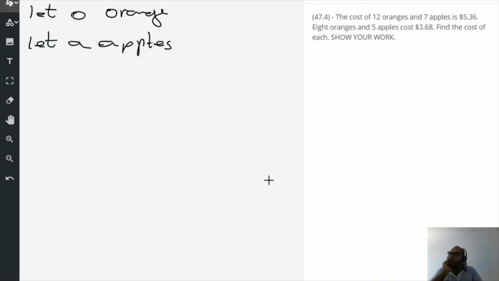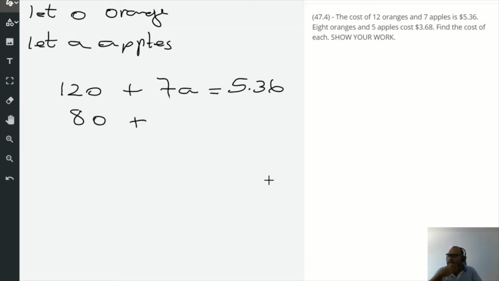I have 12 oranges, 12O, and in math it is plus 7 apples, 7A equals 5.36. Great. And here is the second one: 8 oranges, 8O plus 5A equals 3.68.